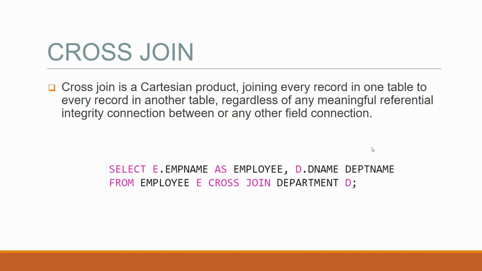The query returns all employees in all departments, regardless of any employees to departments relationship. In other words, every employee is returned with every department, regardless of who belongs to what department.